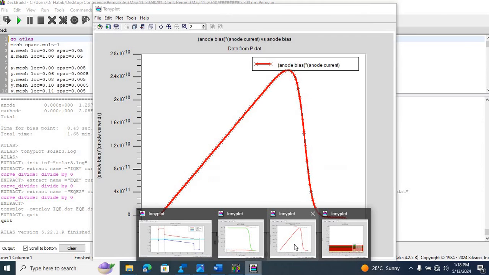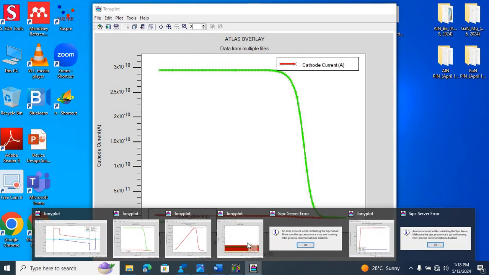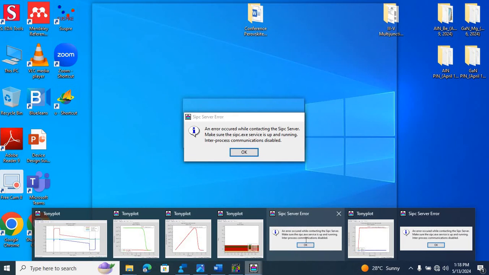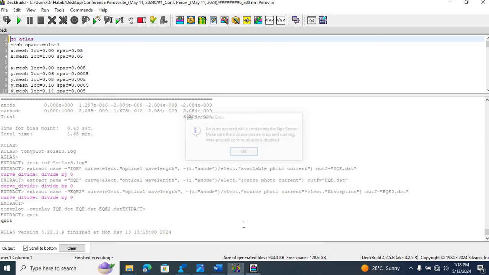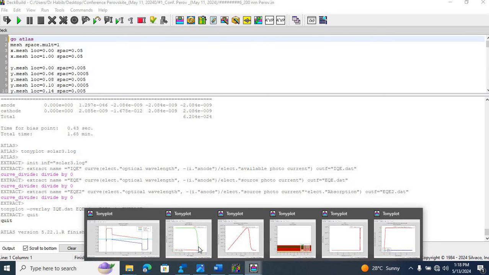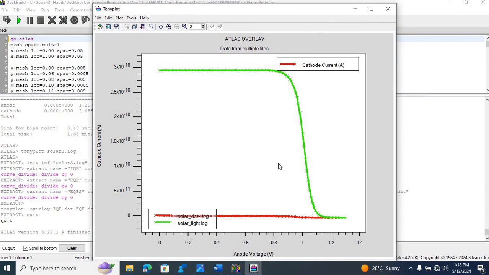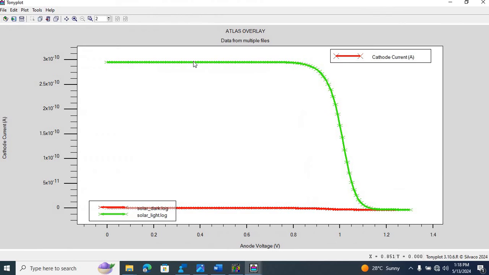Now we want to look at some other properties. For example, here are the IV characteristics of the perovskite solar cell under dark and light conditions.